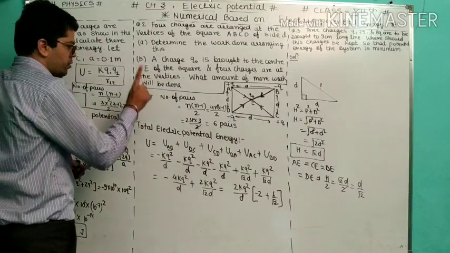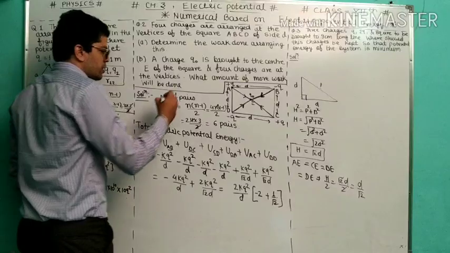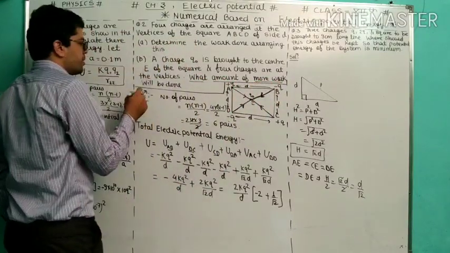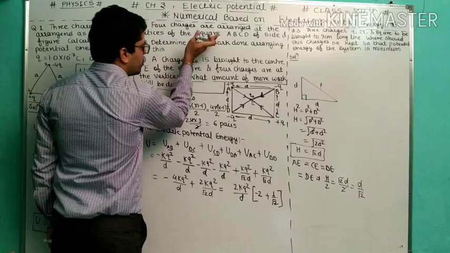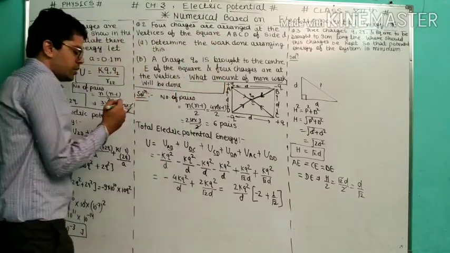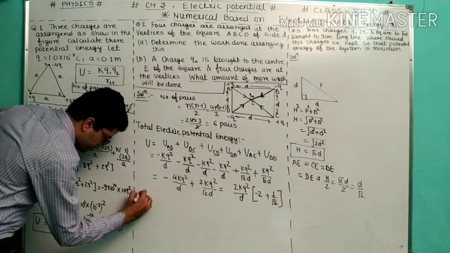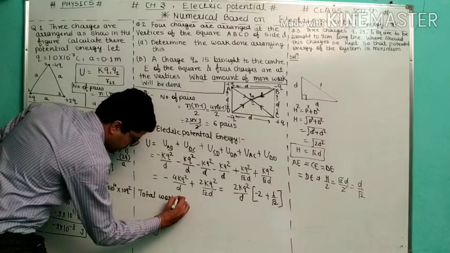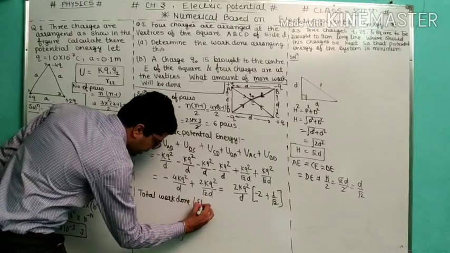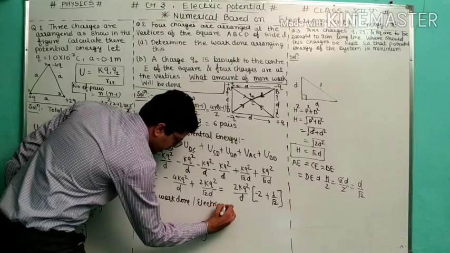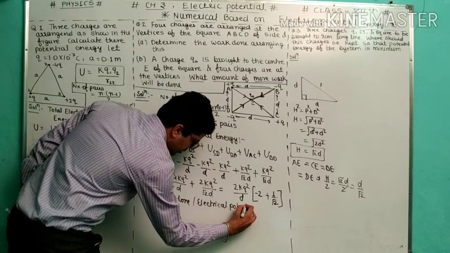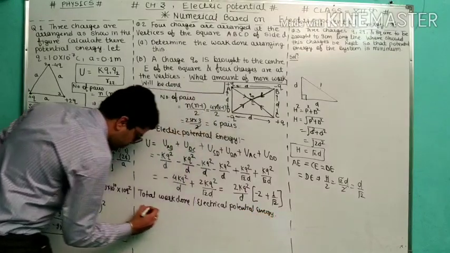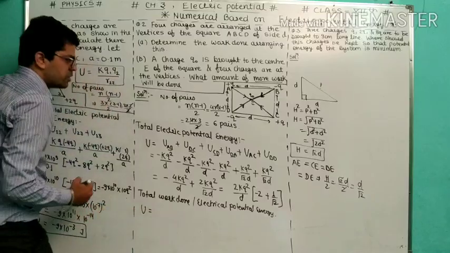So now we have to find out the electrical potential energy, to see how much more work is going to be done here compared to this. So let's find out the total work done, or you can say the electrical potential energy.